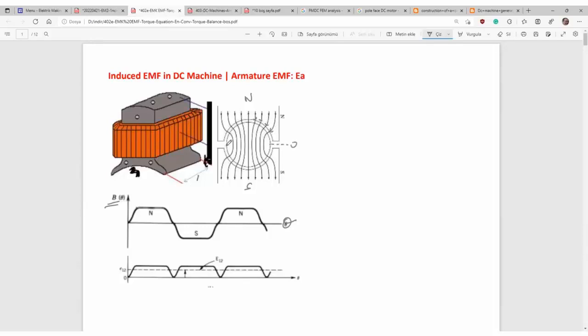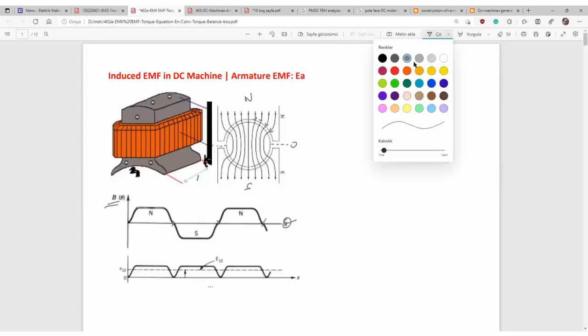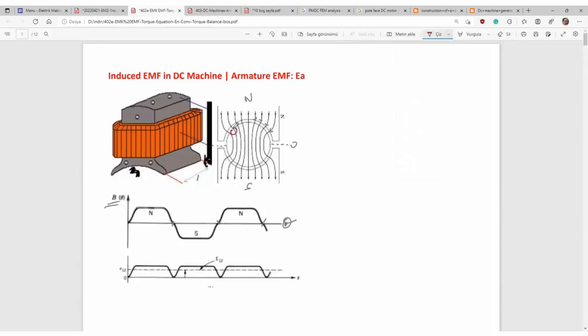Here it is zero in the magnetically neutral axis. Okay, ladies and gentlemen, assume that there is a single wire conductor here moving towards the right.